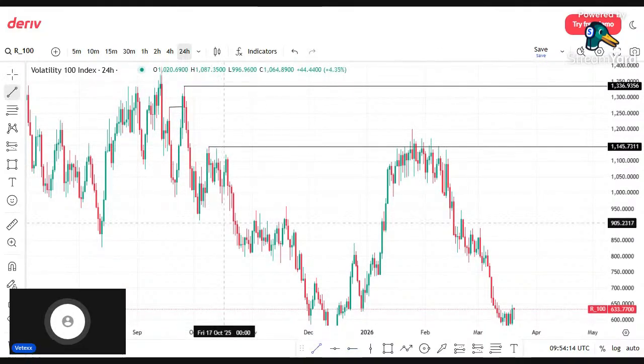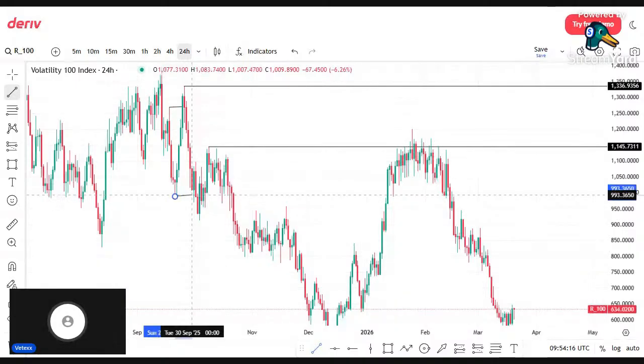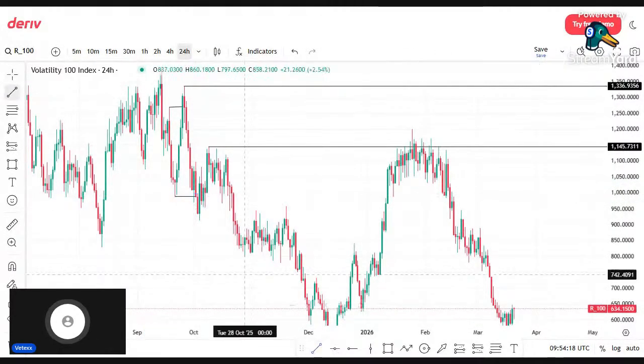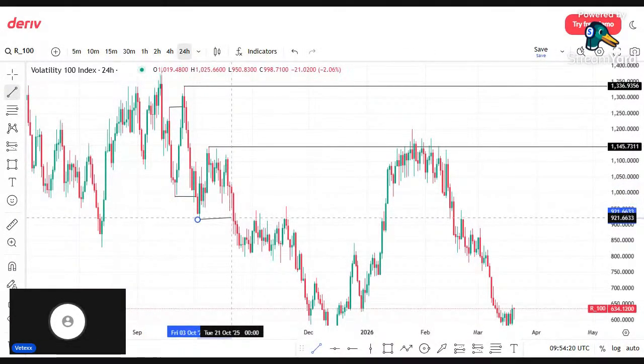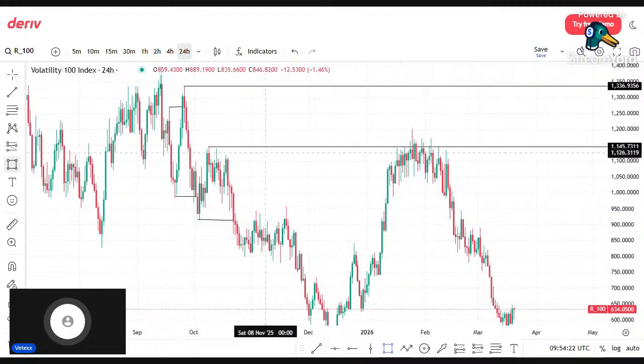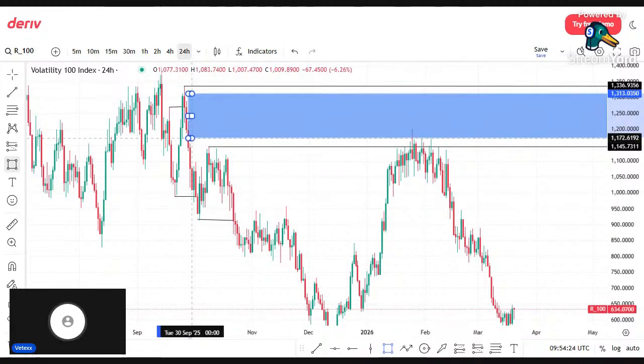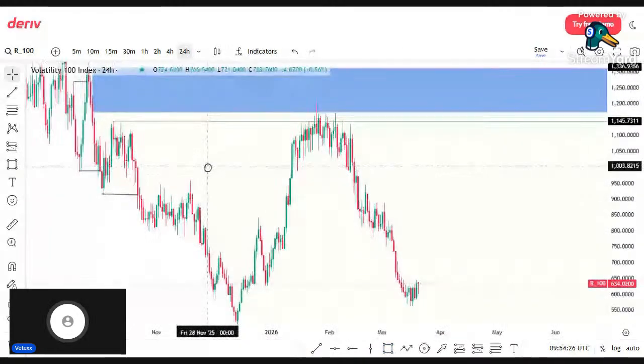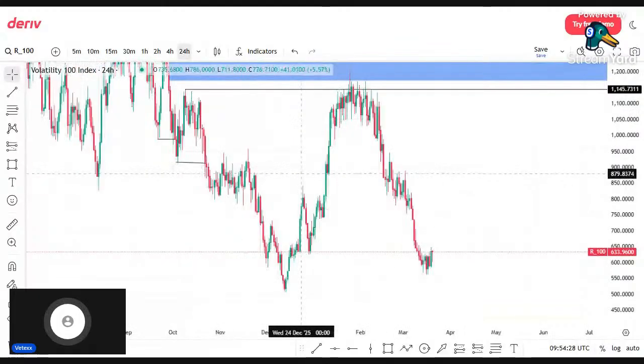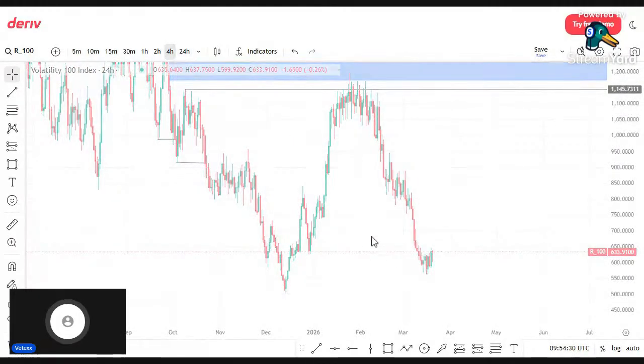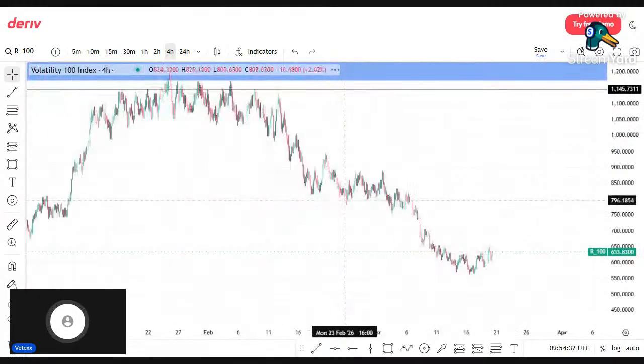Our first break of structure is sitting here, and this is our second break of structure here. And immediately price took out the structural liquidity, it continued in the opposite direction.